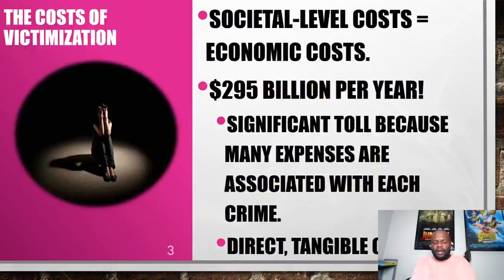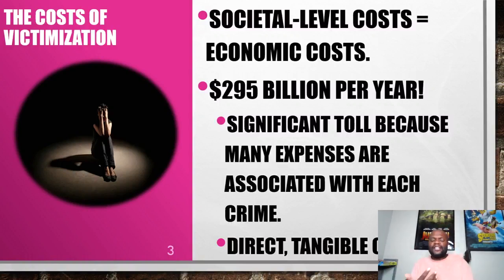When looking at the costs, there are some costs associated with being a victim, right? There are societal level costs, and these are economic costs. Victimization is about a $295 billion industry. That can include any number of expenses: the cost for insurance, the cost for investigation, the pain and suffering, the loss of quality of life.